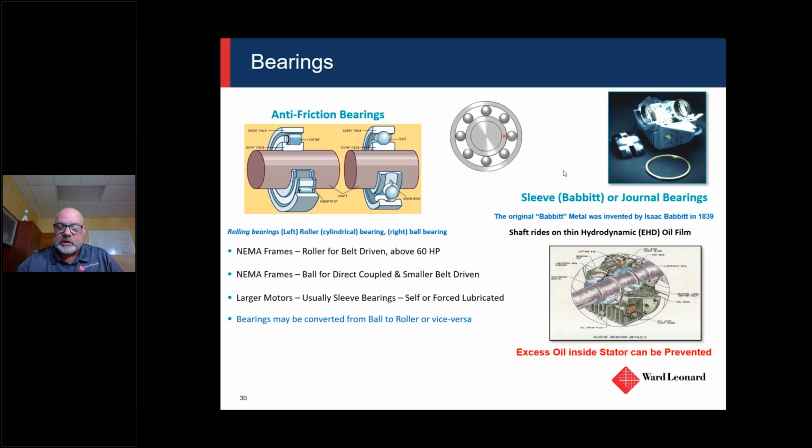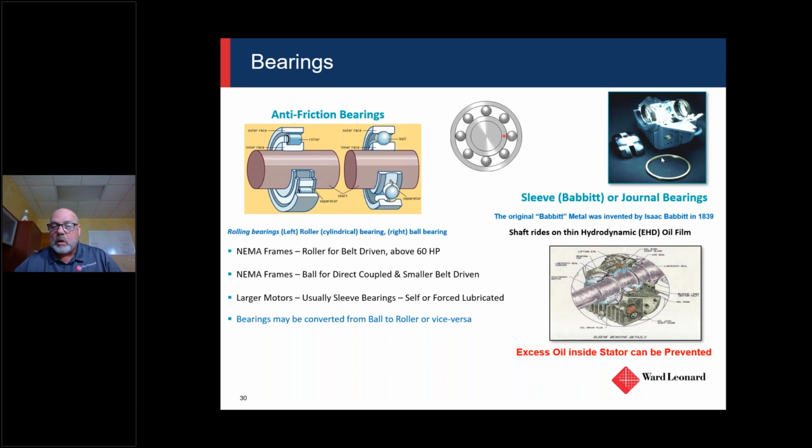There's a whole bunch of different things people call it, but there are a few components in there. You have the top shell and the lower shell, and usually two seals. That big brass ring there is a slinger, which goes into a reservoir, picks up oil, and slings it over the shaft. That's how it gets its lubrication.